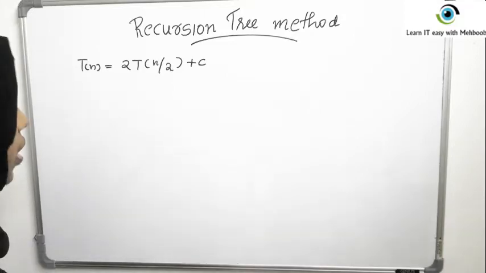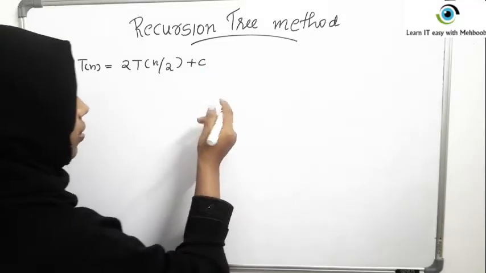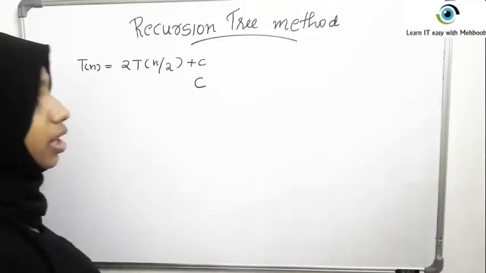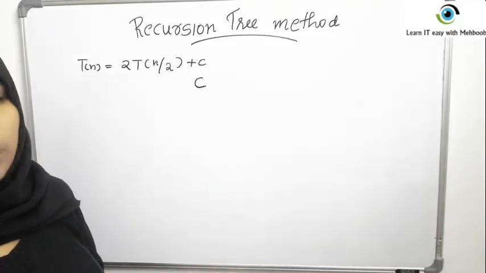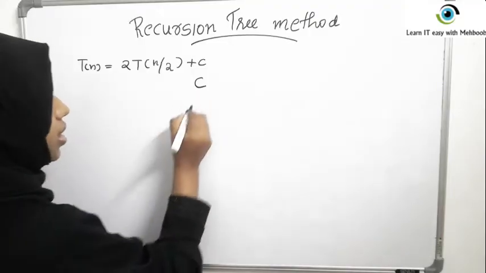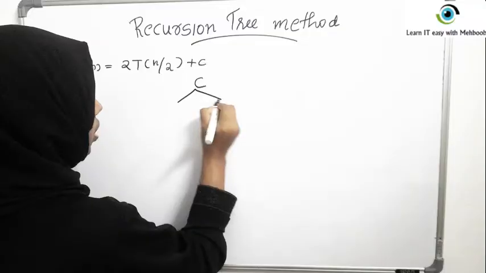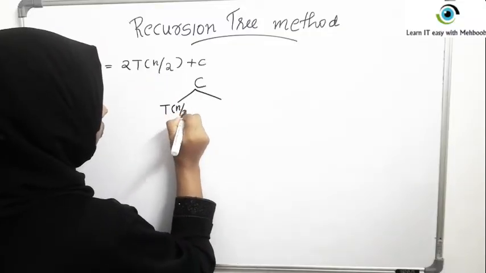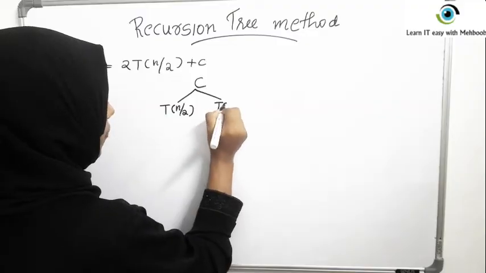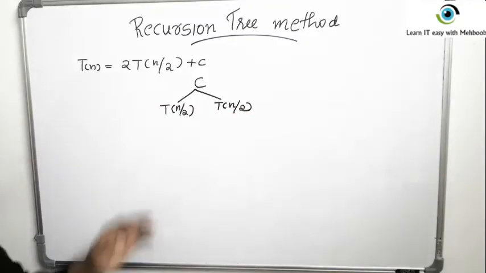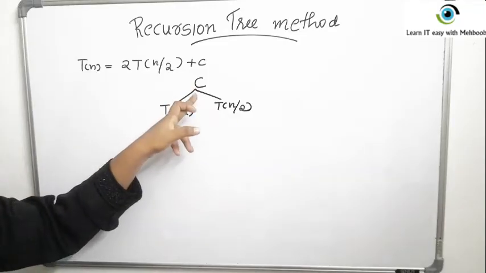Alright. So if you are drawing it as a recursion tree, it will be like this. C, the amount of work done to combine these subproblem solutions, will appear as the root of the tree. So c, and now 2T of n by 2, isn't it? So T of n by 2 and T of n by 2 again. Is that clear? 2T of n by 2 plus c.